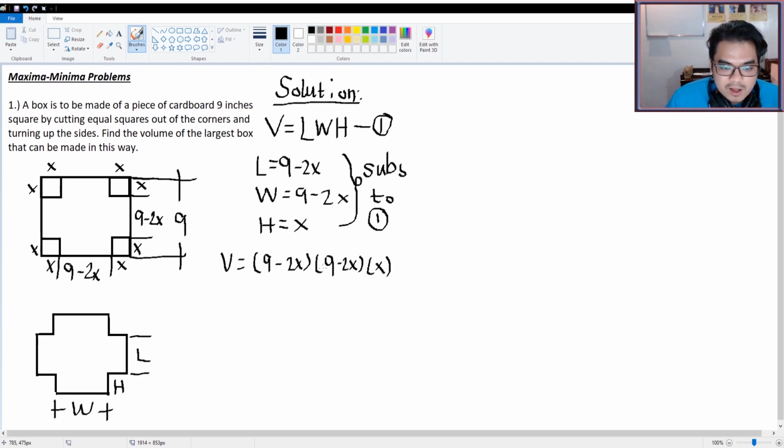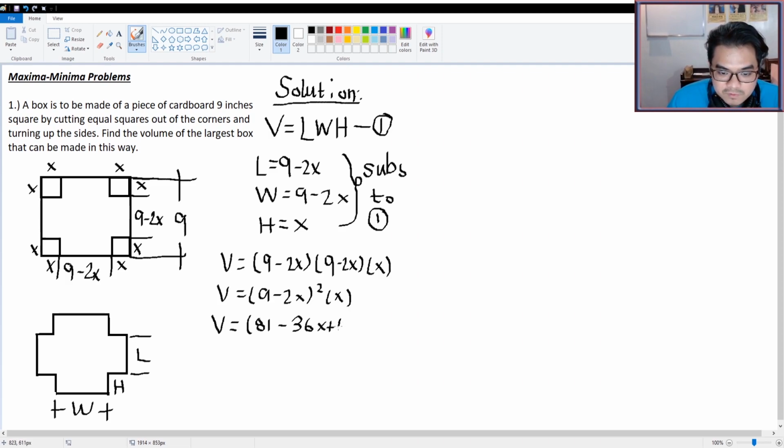We can combine the two factors of 9 minus 2x, since they are the same, to get (9 minus 2x) squared times x. Let's try to expand. Expanding that, 9 squared is 81, then minus 2 times 9, that's 18, times 2, that will be 36x, plus 4x squared.